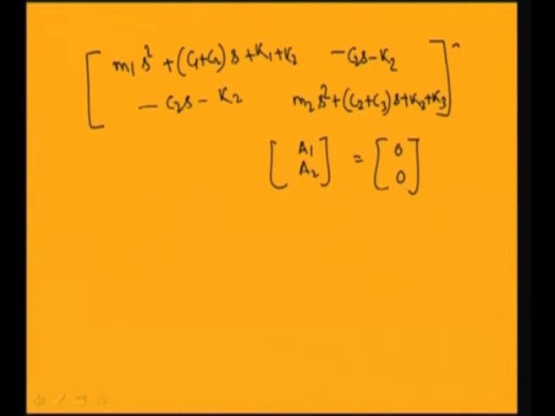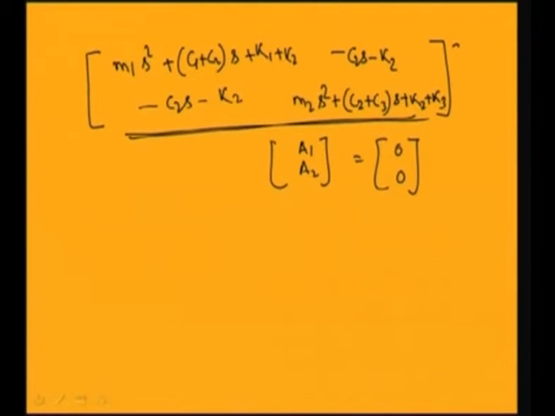So, for a non-trivial solution of a1 a2, you can find the determinant of this matrix. Determinant of this matrix will be equal to 0, and from this you can find 4 values of s, and after finding these roots you can write the expression for x1 and x2. So, x1 becomes a11 e to the power s1t plus a12 e to the power s2t plus a13 e to the power s3t plus a14 e to the power s4t.